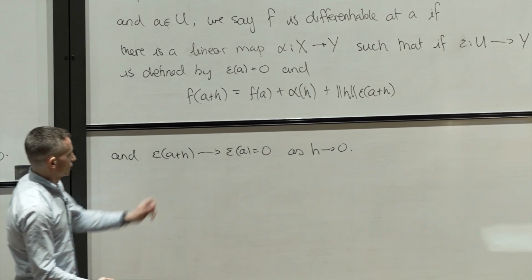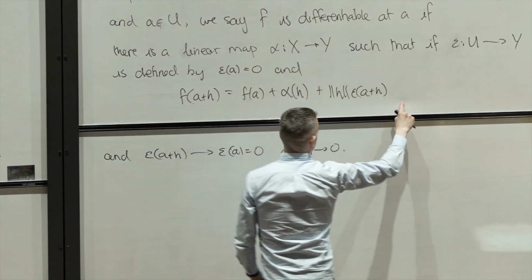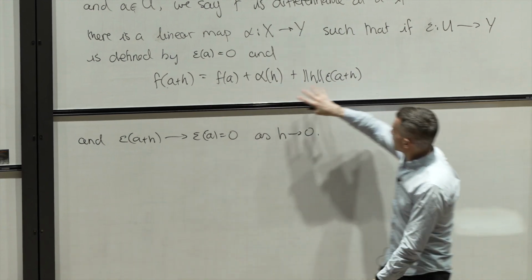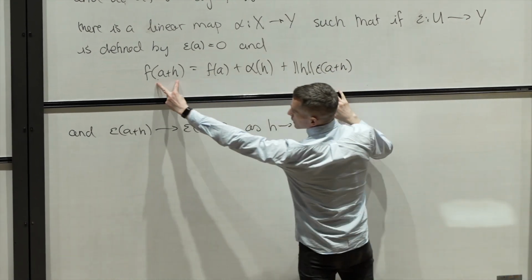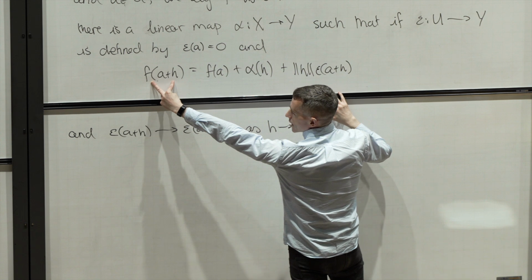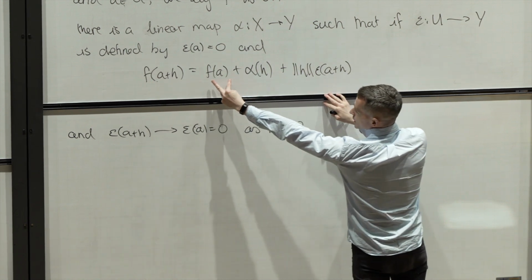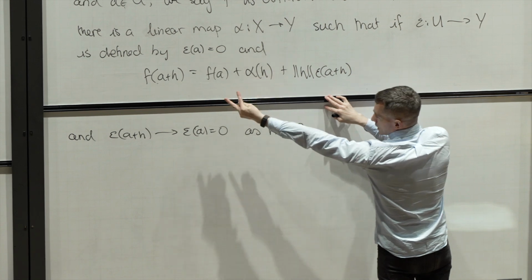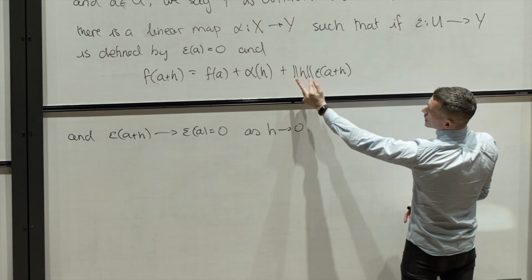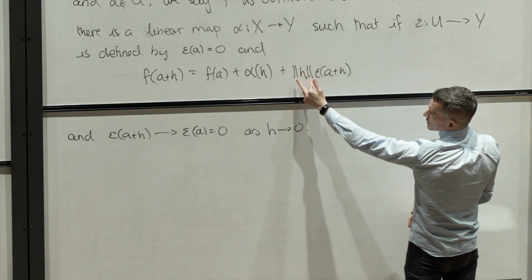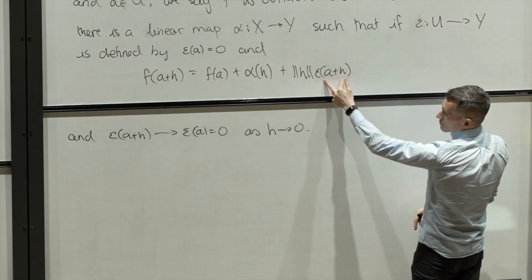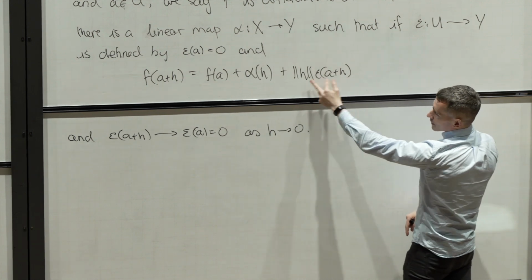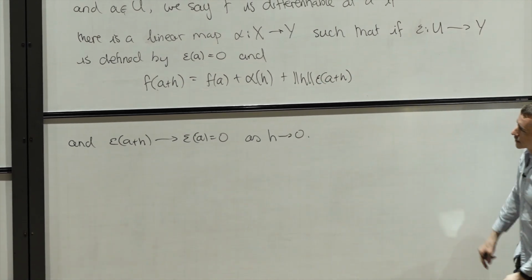Okay, so this is saying that there is a linear map with the property that the error between the actual value of the function f of a plus h, and the approximation given by f of a plus this linear map applied to h, the difference between the two, you can write as the length of h times something, and then when you divide everything by the length of h, this still goes to 0.